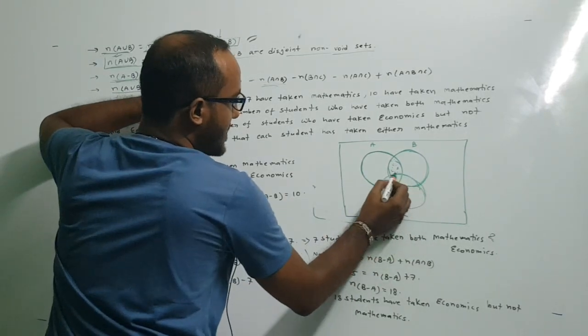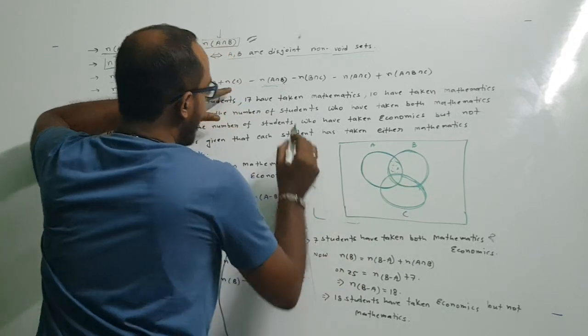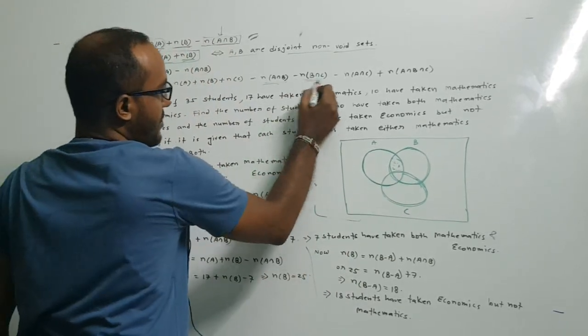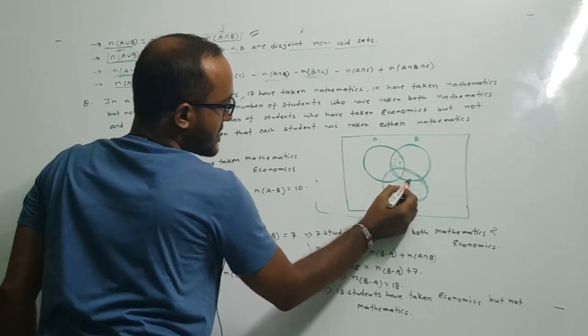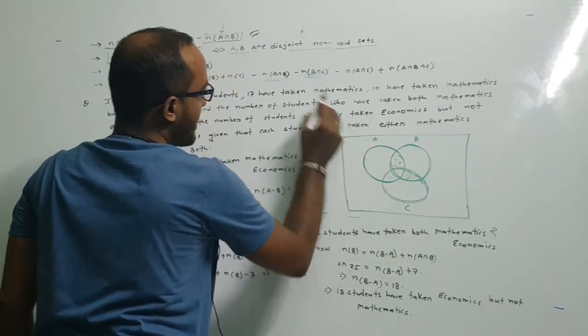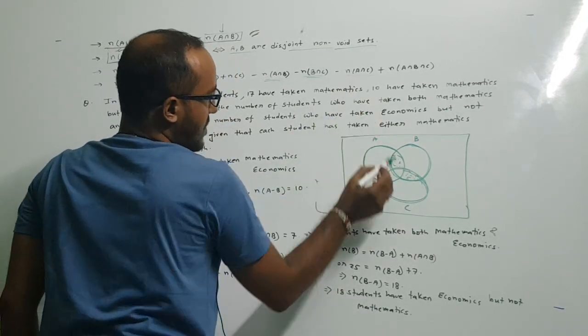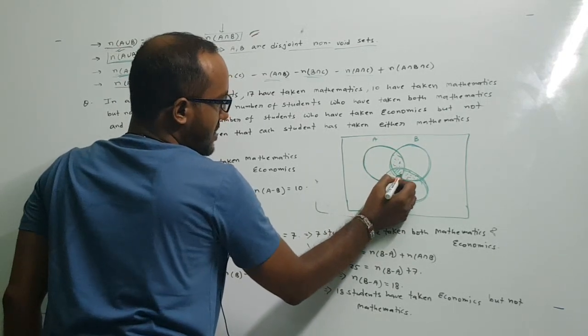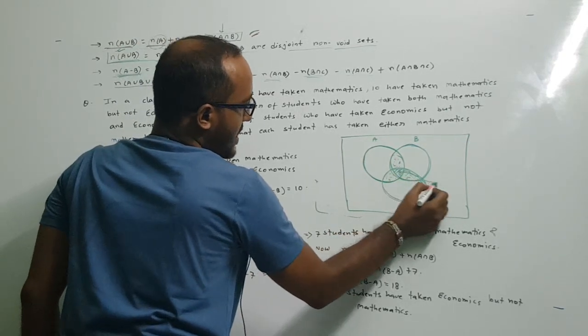So when we have taken this part, we have taken this part and this part twice. So that's why n of B intersection C, that means this part, is subtracted once. n of A intersection C, this part, subtracted once, and this part we haven't added.